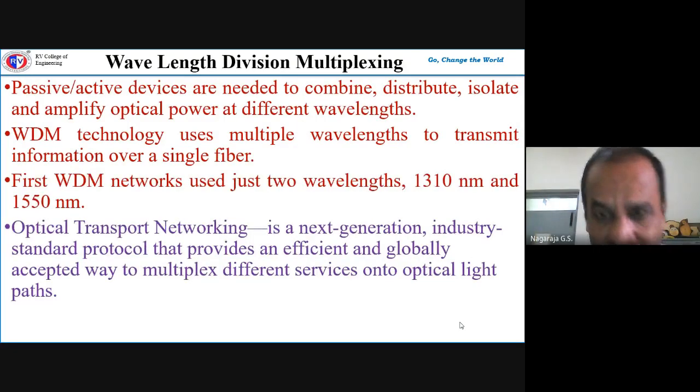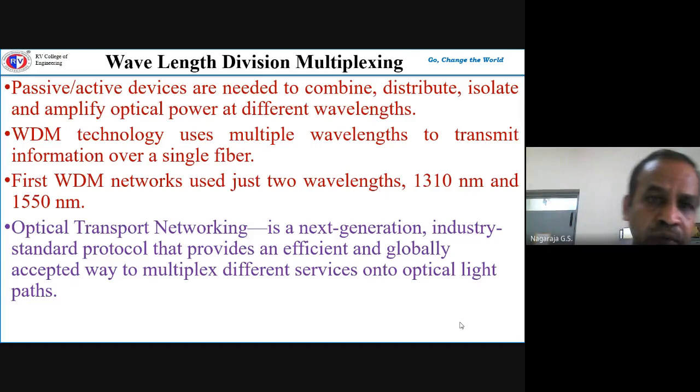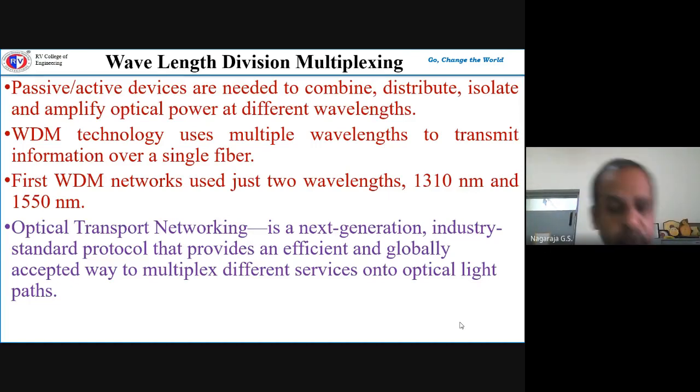The whole idea is, before going into detail about wavelength division multiplexing, you should have thorough knowledge about multiplexing. What is multiplexing? What are the different types of multiplexing techniques available, and how do FDM and TDM differ from one another? Then we need to follow what wavelength division multiplexing is.